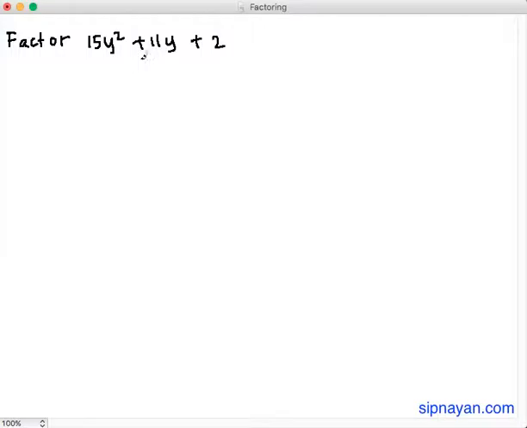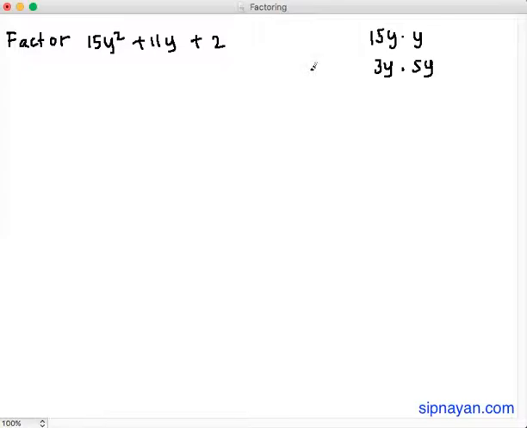The factors of 15y squared are 15y times y, and we also have 3y times 5y. So there are many combinations already, no? And then you also have the factors of 2, which are 1 and 2.